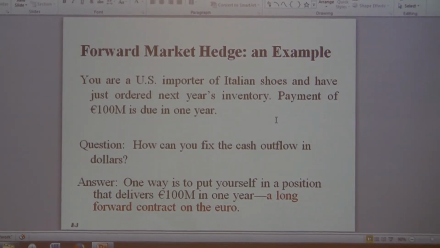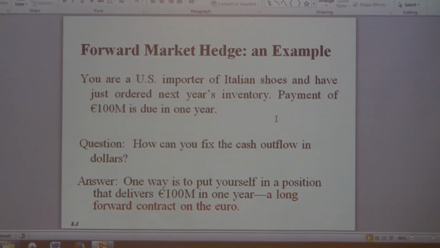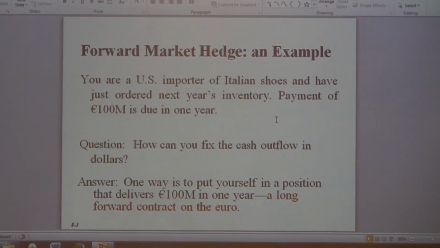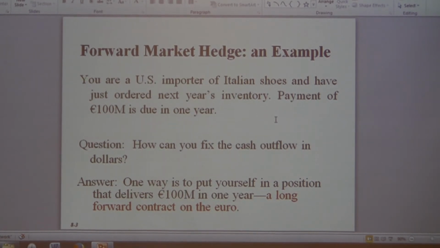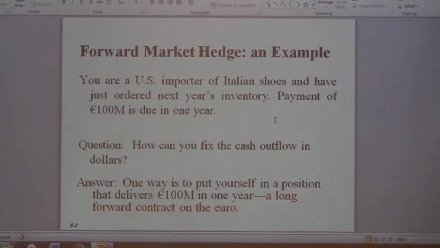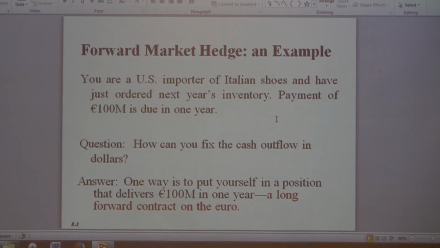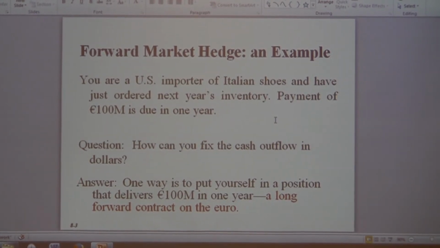You have to make this payment of 100 million euros, and let's assume that the exchange rate is 1.5, okay? So at 1.5, how much do we have to pay in US dollars, what's the cost? 150. That's going to be 150, isn't it?